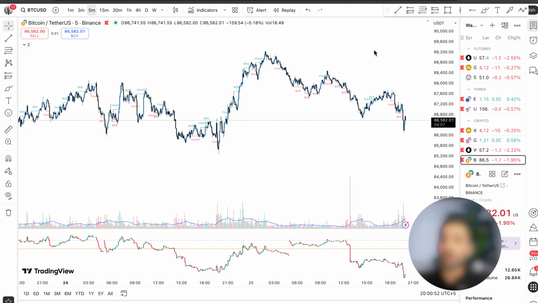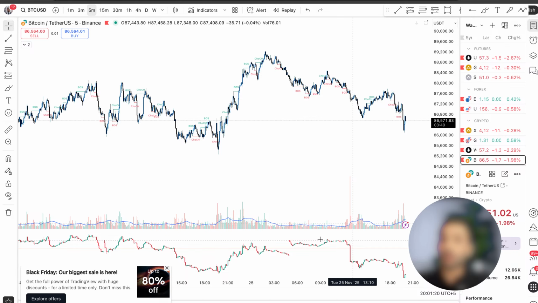Is it a valid one or isn't it? This indicator, right down here, shows you if it's a real one or a fake one, and where the market is going. Is it going bullish or bearish?